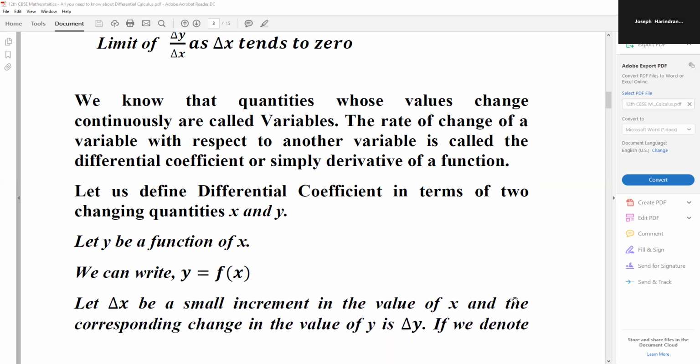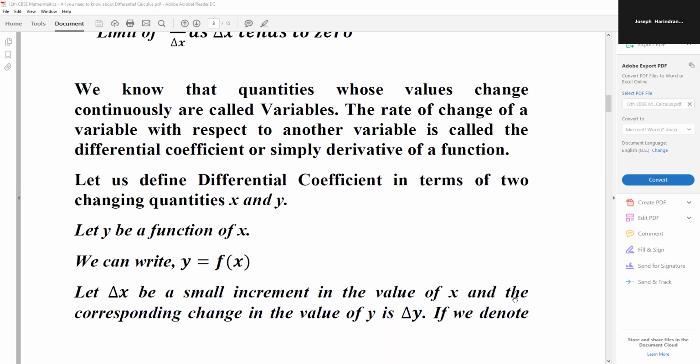Let y be a function of x. We can write y equal to f of x. So y is the function of x, and based on the domain, the value of x, the range, that is the value of y, varies according to that.